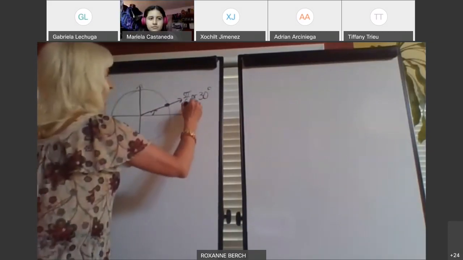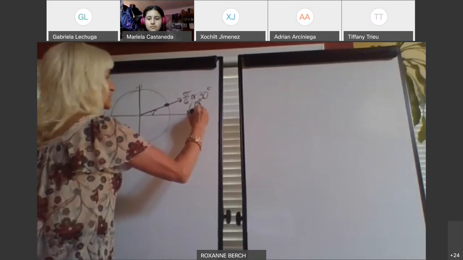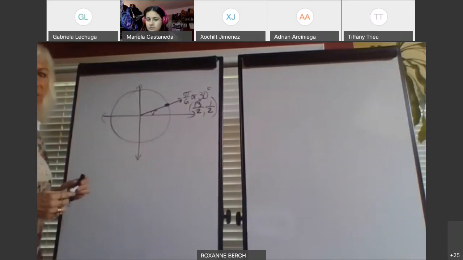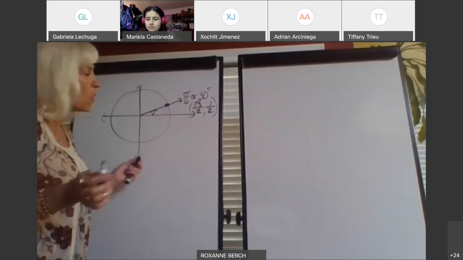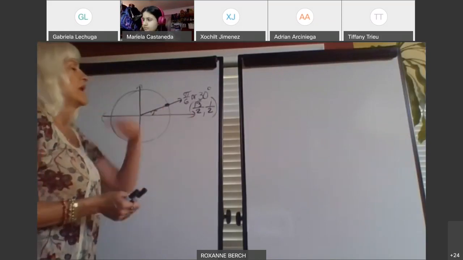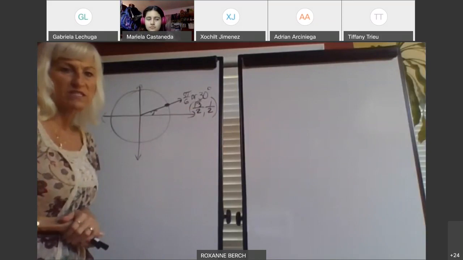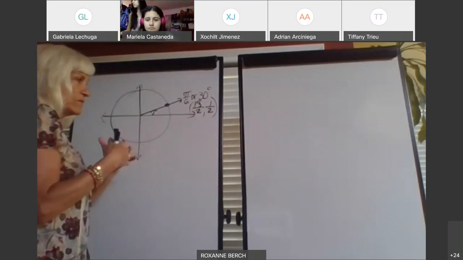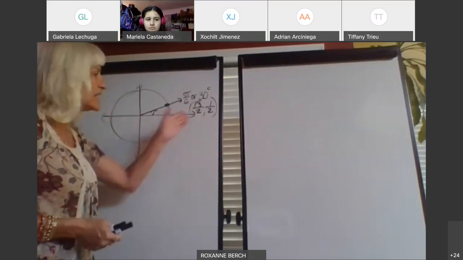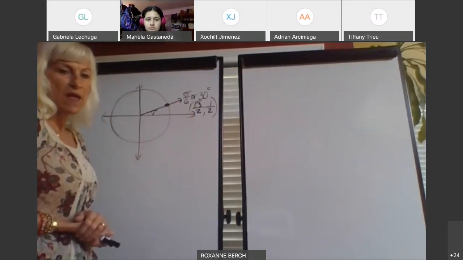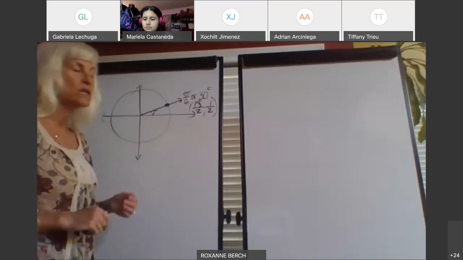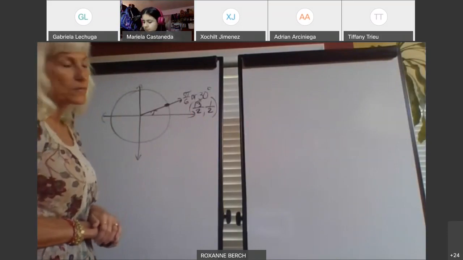That point is radical 3 over 2 and 1/2. You can think of that as x, y, or in trigonometry, cosine of theta and sine of theta. The value associated to cosine of the angle theta is square root of 3 over 2, and the value associated to sine of theta is 1/2.